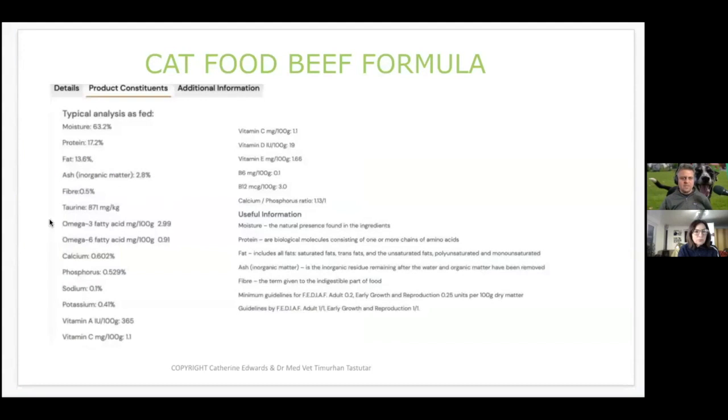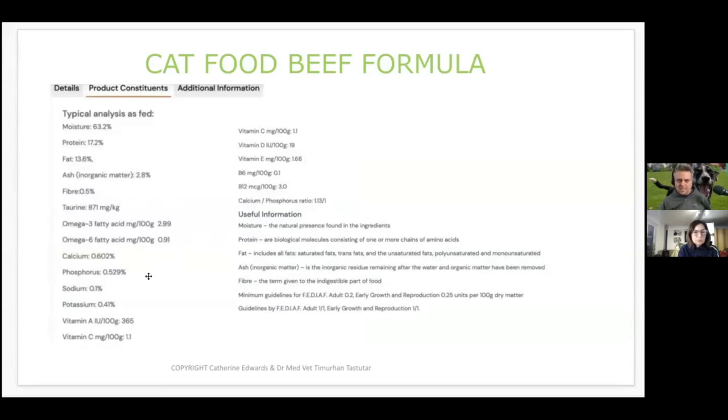So I have some other slides here just to talk about different formulas. This is a cat food beef formula, and we can see here that we have all the additives listed here. Here too. They didn't divide it as additives, but they added all of it. So there is nothing wrong with their label.